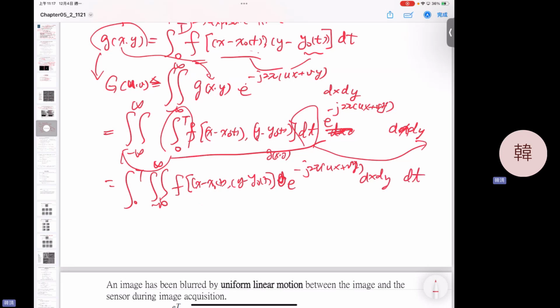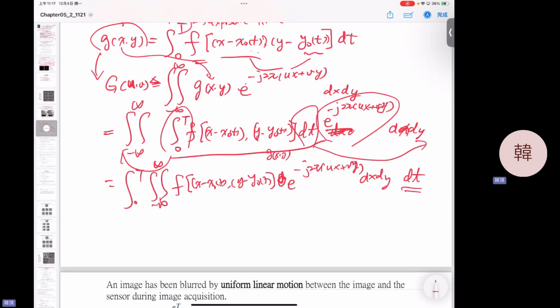You can see that inside this there's no t variable in the transform kernel, so the kernel can be moved inside and the dt can move out. It's an independent function, so no effect.